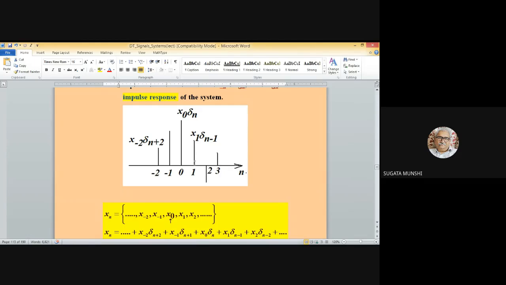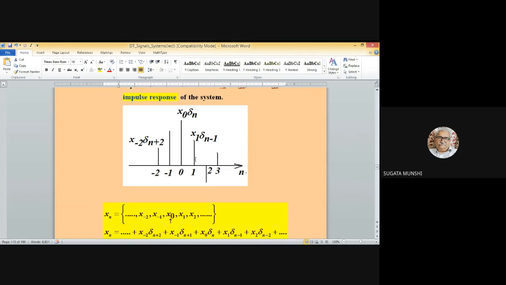Now this one, at n equal to 1, the sample value is x 1. So if you want to express it as a sequence, can't you express it as x 1 delta n minus 1? Because forget about the other samples. If you have delta n minus 1, it means you have a vertical line here whose height is unity.